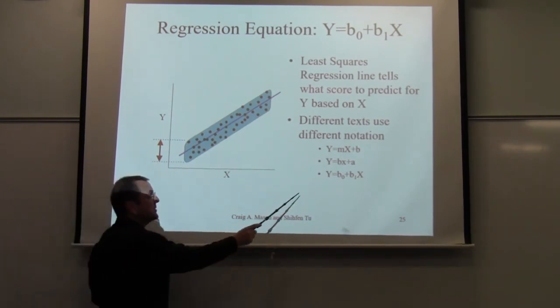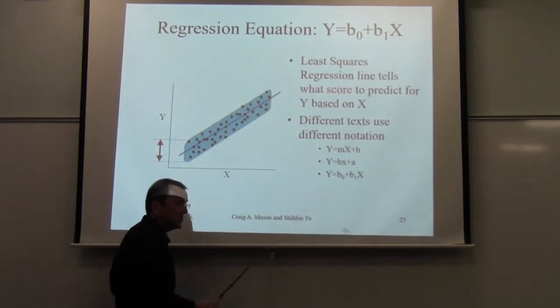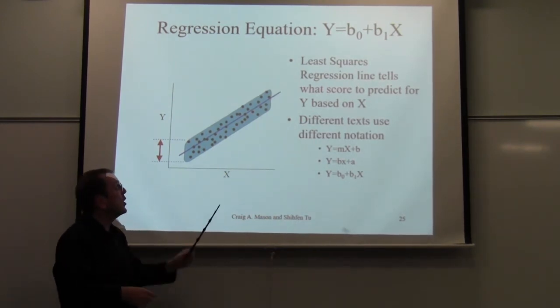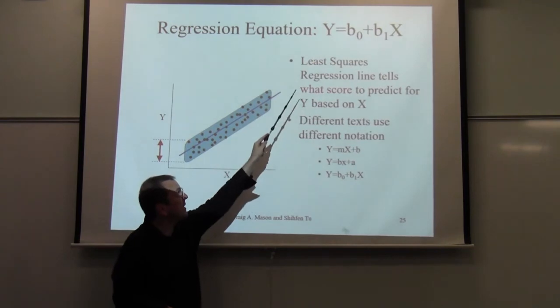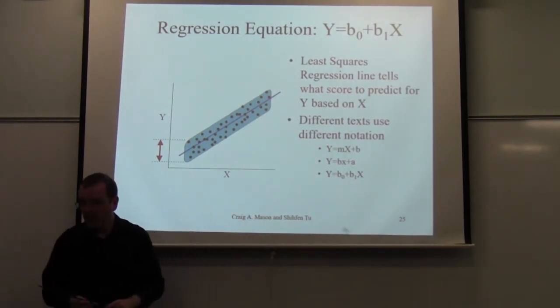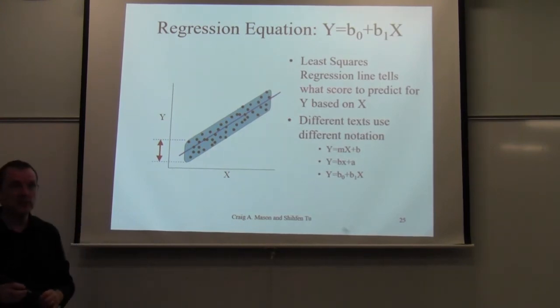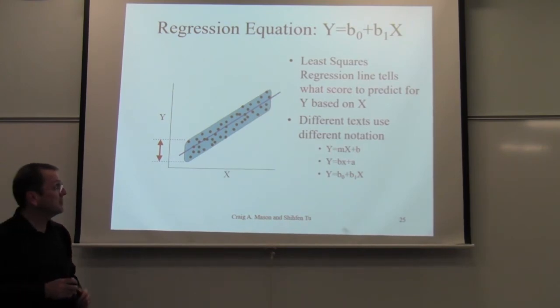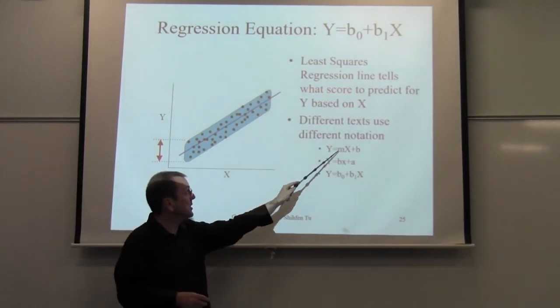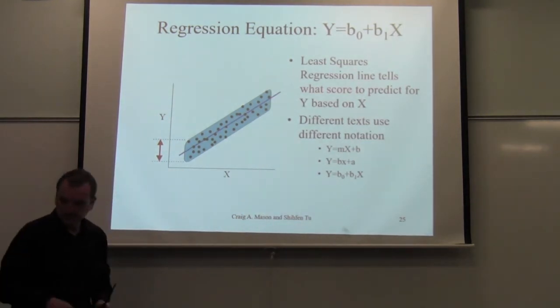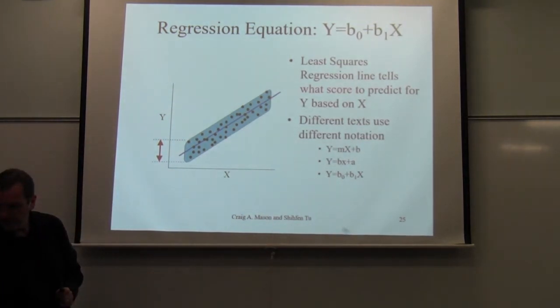You might have seen any of these notations. They're all exactly the same, just different ways of saying the same thing. We're going to use b0 plus b1 times x, because that translates more easily to multiple regression, which we'll get into shortly. Undergrad textbooks will often use mx plus b or mx plus a.